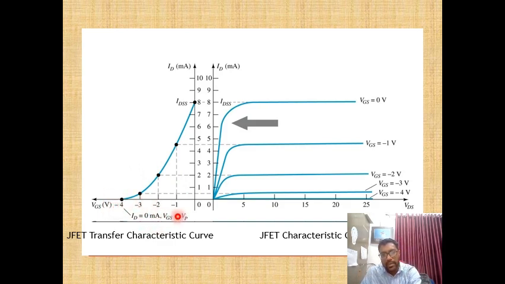When we are increasing the gate voltage from -4, -3, -2, -1, up to 0, the drain current value is increasing gradually. And this equation is basically the transfer characteristics equation that we have seen in the previous slide, that is Shockley's equation.